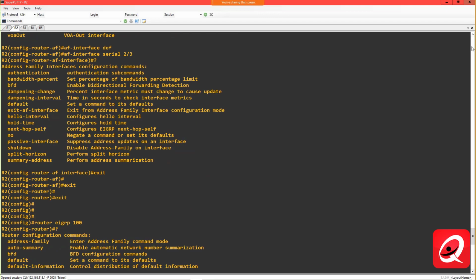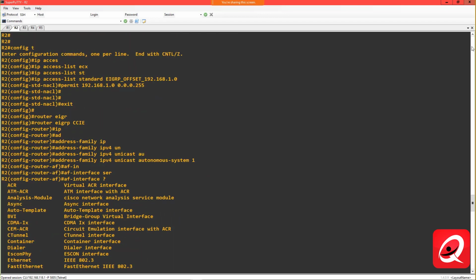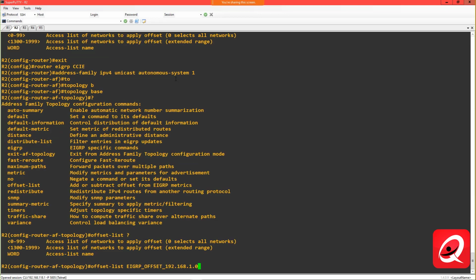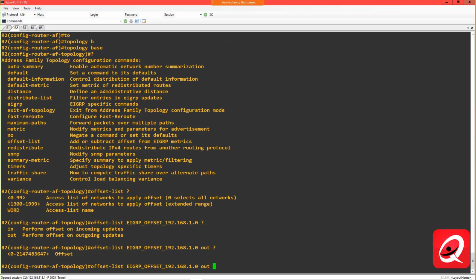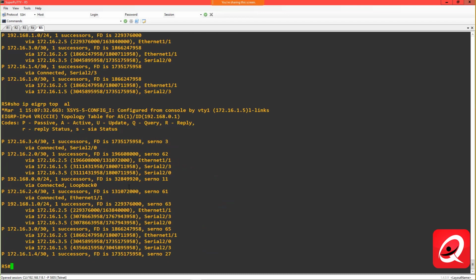I shouldn't have given it such a long name, but let's see right here, EIGRP Offset. And then I'm going to specify out and the value that I want to offset. So if I go to router 5, this number here needs to be less than this number here.